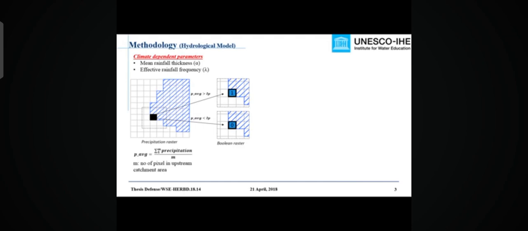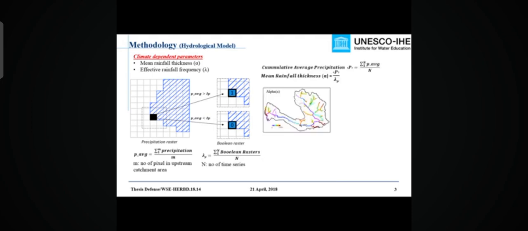Once this process is completed for the entire time series, the frequency of precipitation is calculated as the ratio of the sum of all Boolean rasters to the number of time steps. This is followed by the calculation of mean rainfall depth as the ratio of cumulative average precipitation to the precipitation frequency.